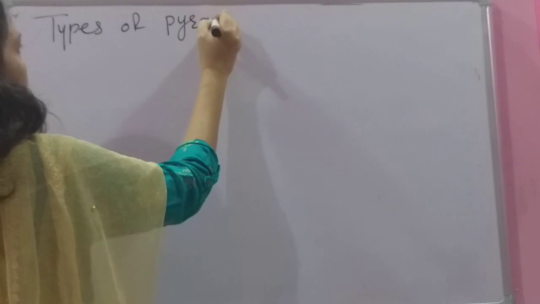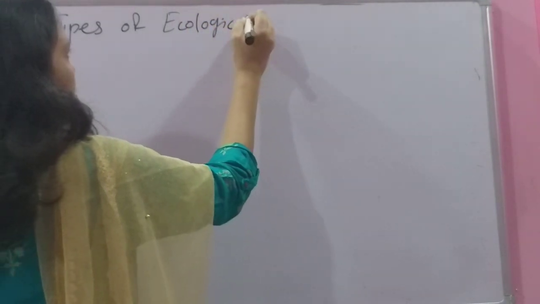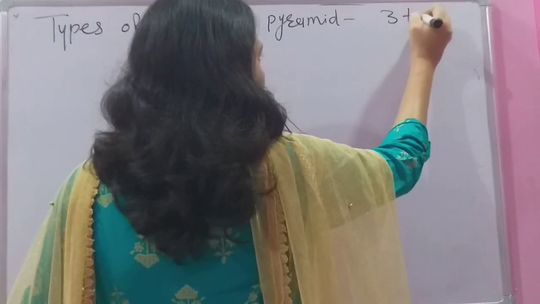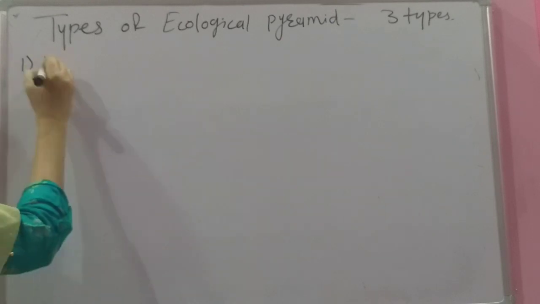The types of the ecological pyramids: there are 3 types.